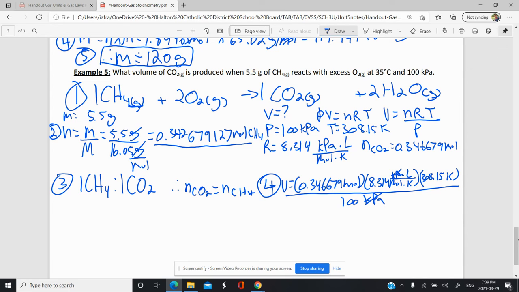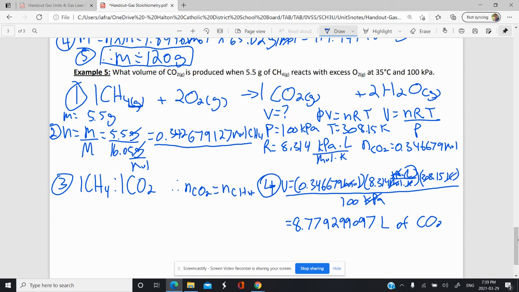We can cross out the mole units because it's mole over mole there. We can cross out the Kelvin units because it's Kelvin over Kelvin. And we're left with the liters. So that's going to be equal to 0.342679 times 8.314 times 308.15 divided by 100. And we get 8.7792999097, not moles, but we're at liters now for volume, liters of CO2.